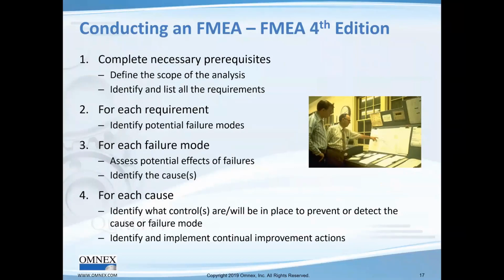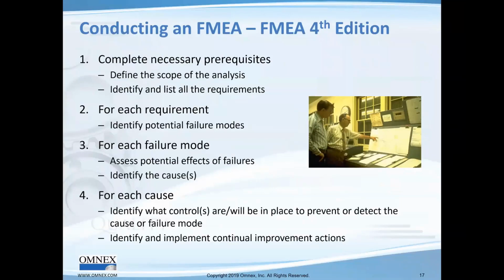So the writers of the FMEA 4th edition generally said, here are the 4 steps people need to follow. Complete necessary prerequisites, and for each requirement, identify failure modes. Of course, there are functions and requirements. And then for each failure mode, really, in the Omnex process, we always went to the cause first, and in the very end, we identified the effect, with the idea that we know a lot more about the failure mode, and then we come back and look at the effect, and then we look at the severity.